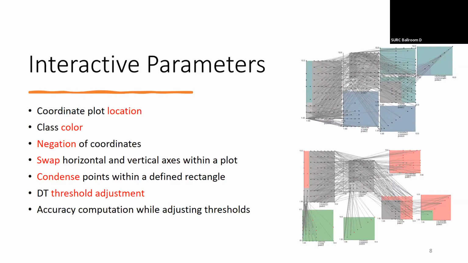We can negate and swap coordinate axes and attributes themselves. We can draw a rectangle on top of the already drawn rectangles to condense all the points within them by class into a single point, which loses information but makes the visualization less overwhelming. And they can also adjust the thresholds themselves within these plots. I will show all of those in just a moment.